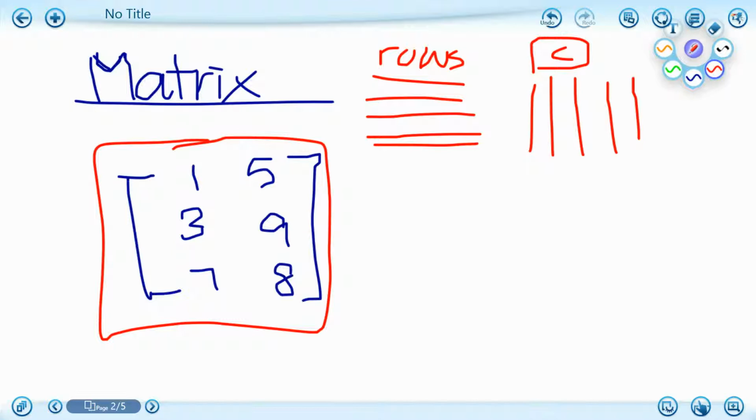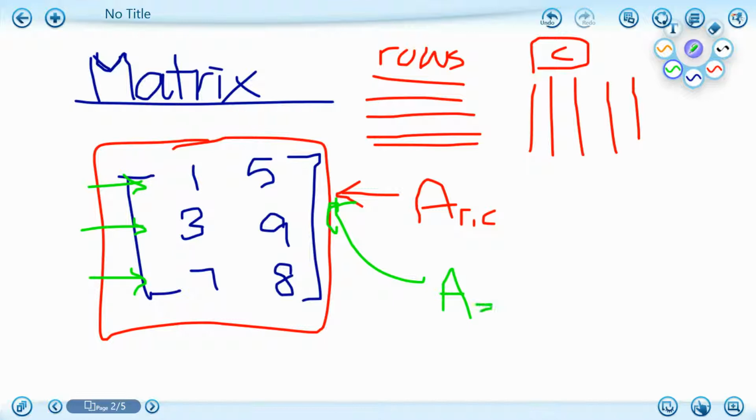Okay. Now, most of the matrices are represented by a letter, so I could call this matrix right here an A, or matrix A. And usually on the side, we have the number of rows and columns displayed. So, for example, once again, this particular matrix, if I call it matrix A, I have 1, 2, and 3 rows, so it's going to be 3.